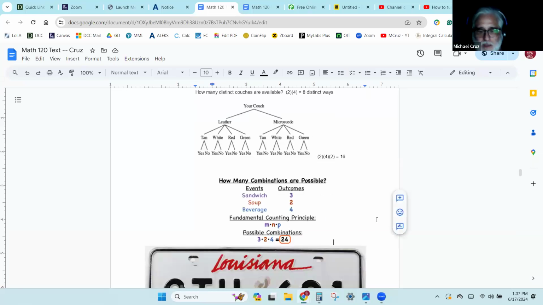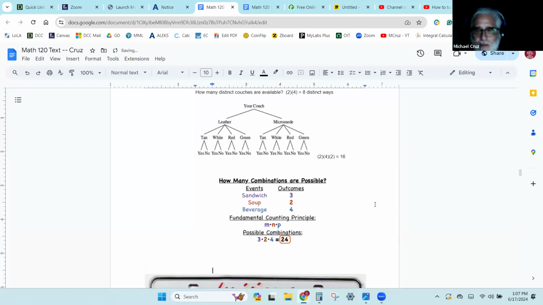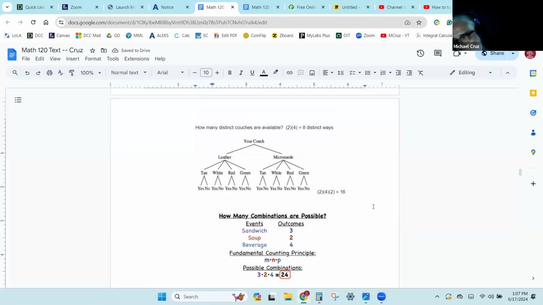So this is a classic one. You'll see a lot of them do this, where you've got a meal and you can pick an entree, a dessert, and a drink. Well, this one is sandwich, soup, and beverage.